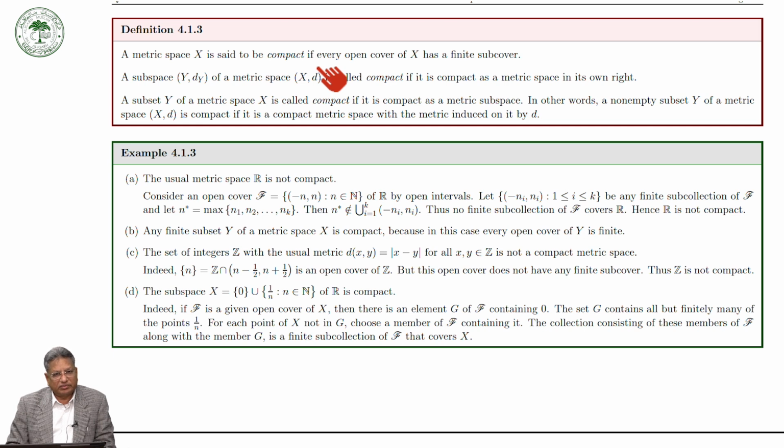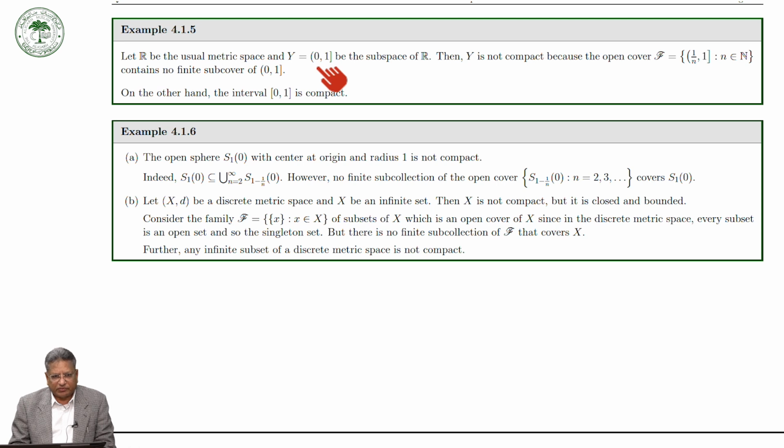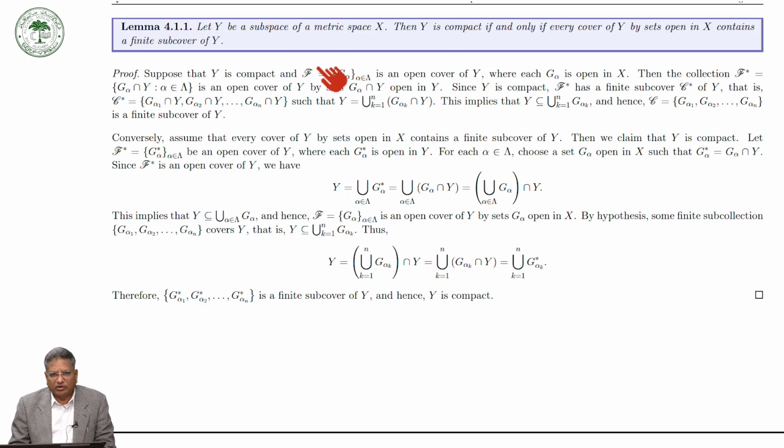Here we have a different definition which says that a metric space X is compact if and only if every open cover of X has a finite subcover. And then we have given several examples of a compact set or of a non-compact set.